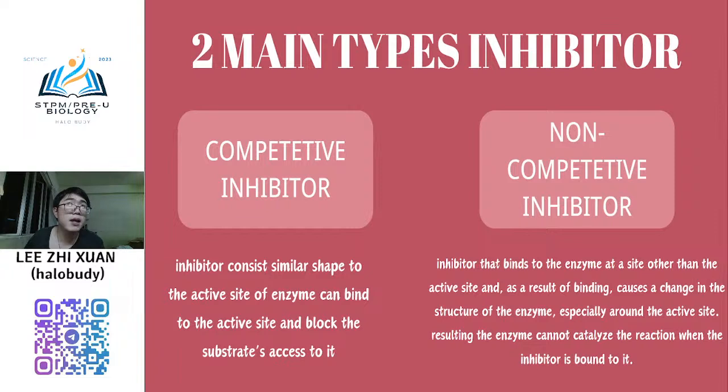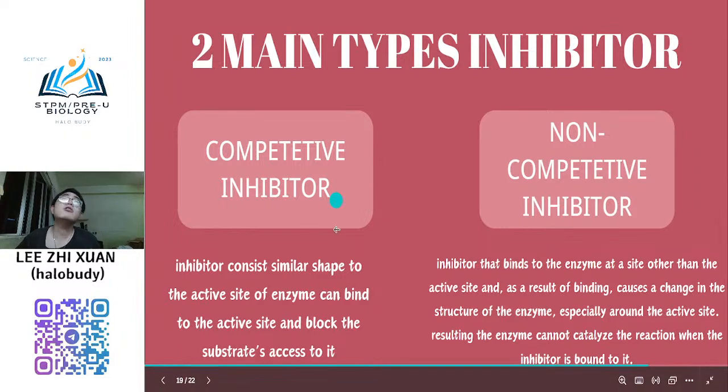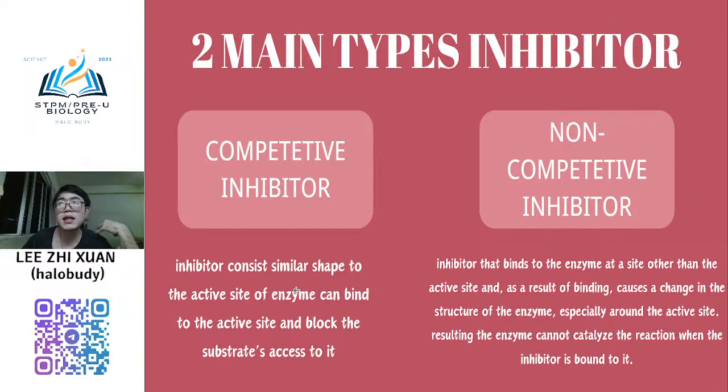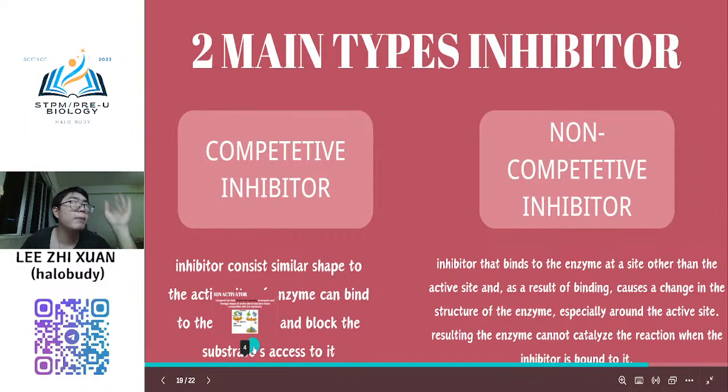It is not the same as the substrate. If the substrate binds, there is a reaction. But if the competitive inhibitor binds, although it binds to the active site and has a similar shape, it acts as inhibition. So no reaction. When it binds, the original substrate cannot bind.